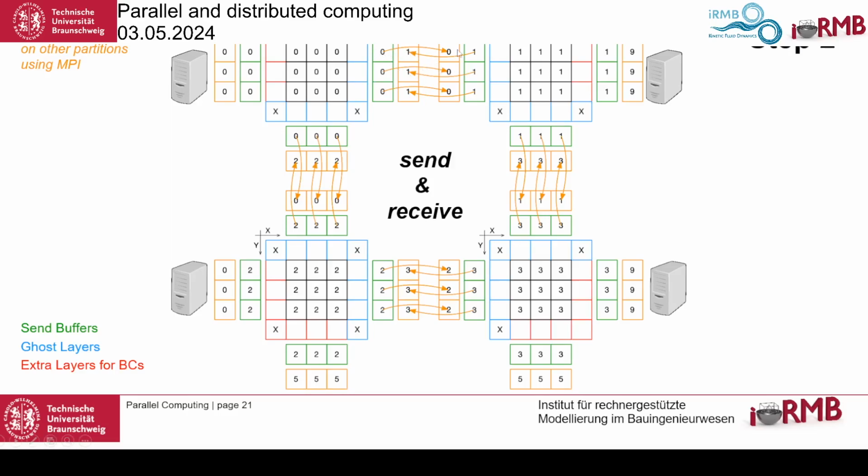Now you can imagine what you need to have. You have an inner grid, you have a ghost grid around it, and then you have the output, the send buffer, and you have a receive buffer.